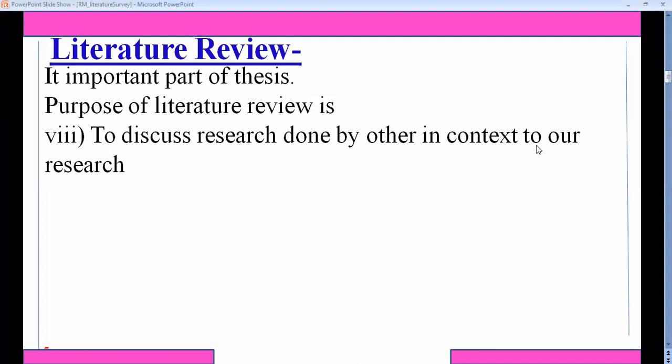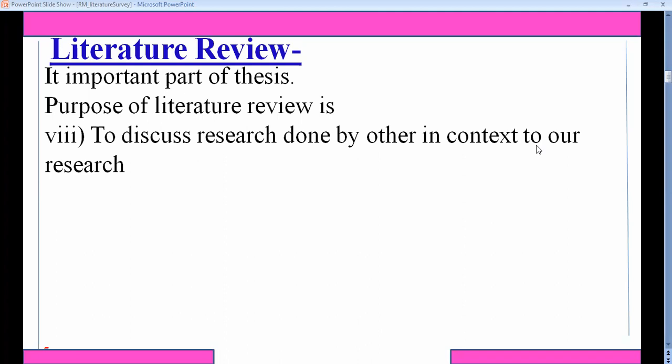Next, the literature survey discusses what research has been done in the area in context to our research. So it gives a clear view of what has happened, how it was done, what was done, and what the conclusions were.